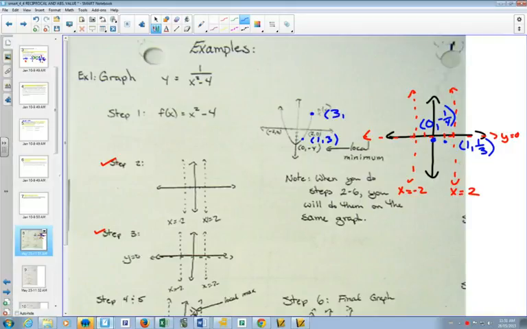What happens if I plug in 3 into my original graph? Can you see that I would have 3, 5? So on this graph, I'm going to have 3, 1 over 5. Similarly, on this side, I have negative 3, 5. So I'm going to have negative 3, 1 over 5. So you're going to do as many points as you feel is necessary to get an idea in each section of the graph so that you can draw the asymptotic behavior.